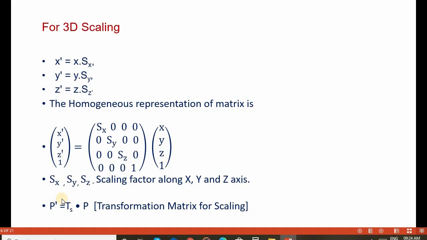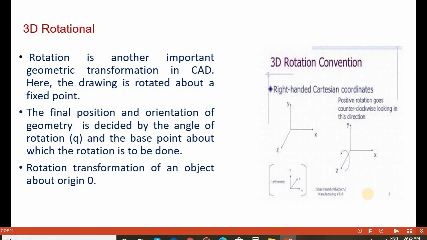So we can have the new scaled, enlarged object such as P dash equals Ts into P. P is the original coordinates and Ts is the scaling factor. Multiplying the original coordinates with the scaling factor, we can have the new scaled enlarged object with the new coordinates.